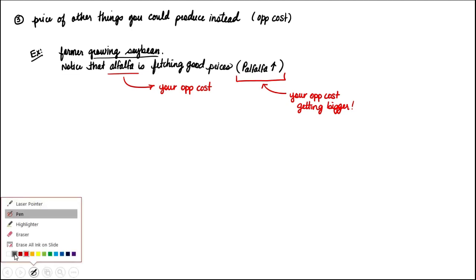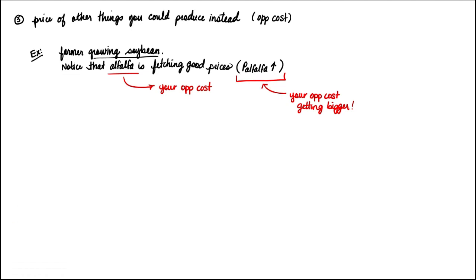So how might this affect your decisions? You're growing soybean, but alfalfa is fetching higher and higher prices. So is it possible that you're going to change your mind about what you're doing? It might be the case that you decide to decrease your supply of soybean so that you can free up some land and increase the supply of alfalfa, right?